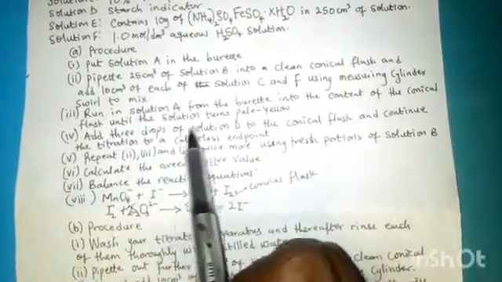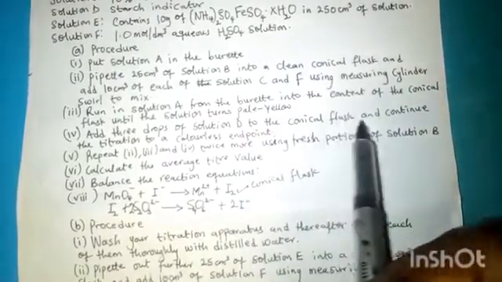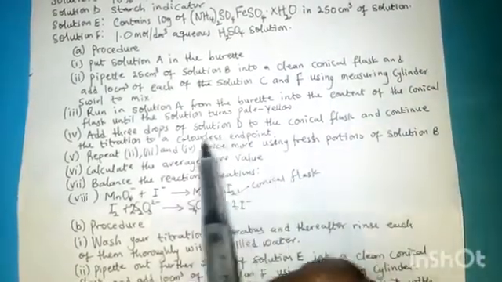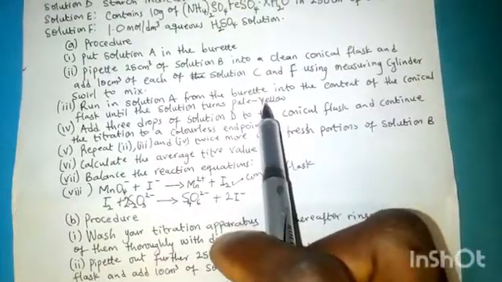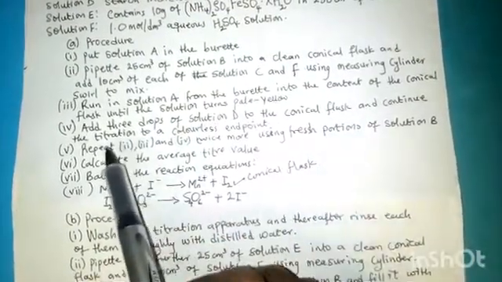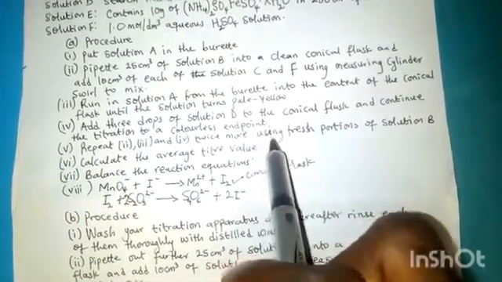We're told to run solution A from the burette into the content of the conical flask until there is a color change to pale yellow. At this point, you need to stop the titration immediately and add a few drops of solution D, which is starch.